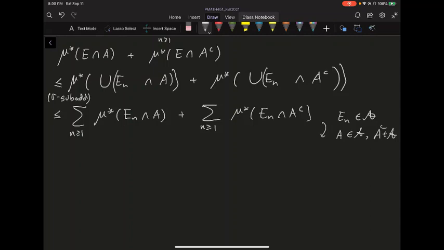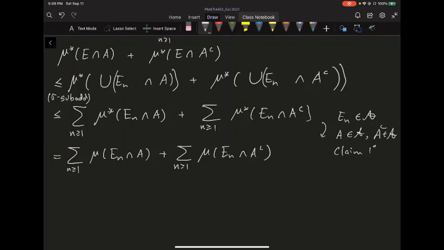So each element is actually from A. So by claim 1, the first claim, we know that mu star and mu agree on the algebra A. So here this is actually equal to the following: I replace all the mu star by mu, and I get the same thing.